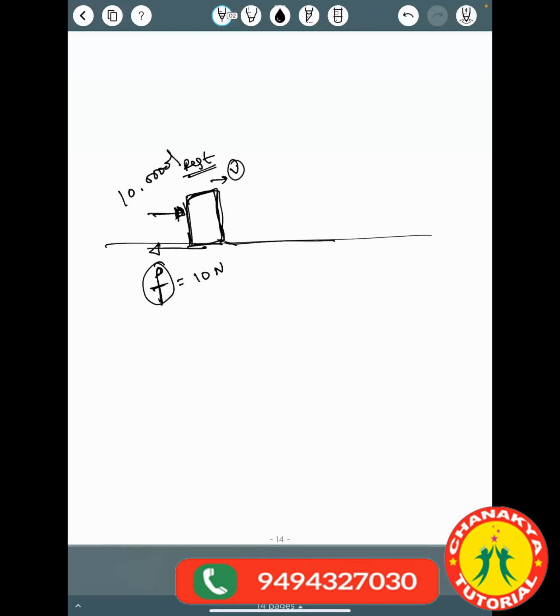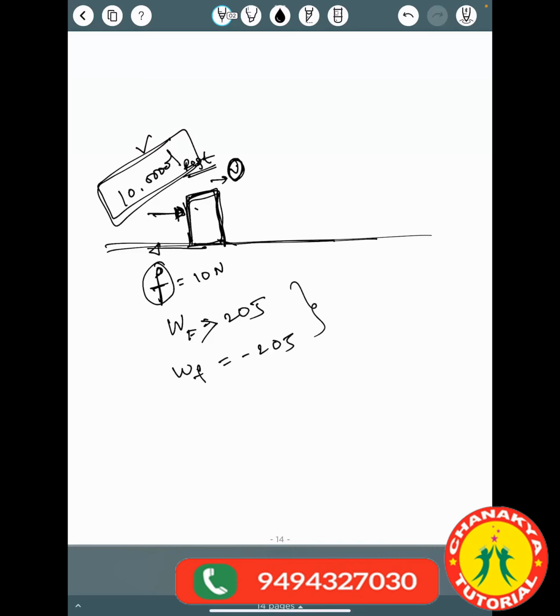Since the force I have applied on this rough surface has a different value to achieve some velocity, the work done by that force is greater than 20 joule and work done by friction is equal to minus 20 joule. Now there is a difference and the work done is not 0. Total work done is non-zero.